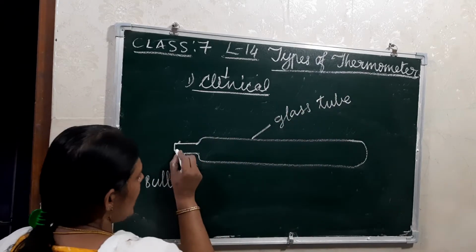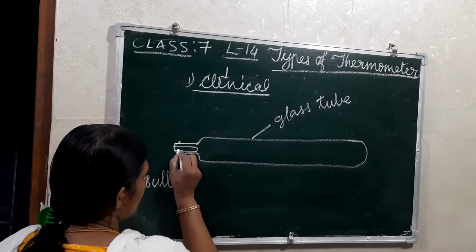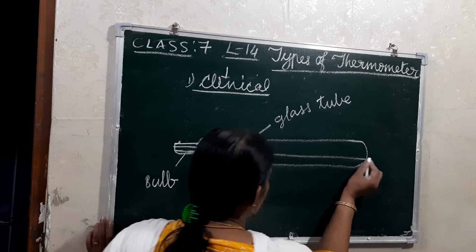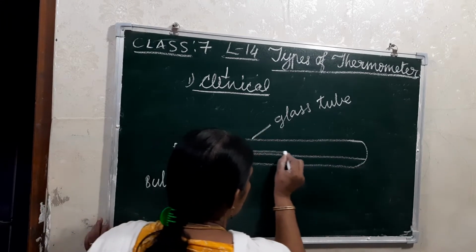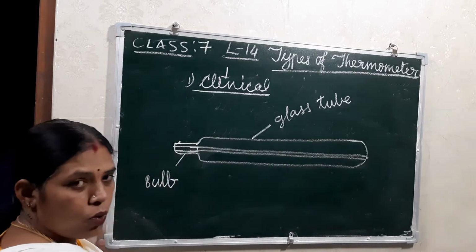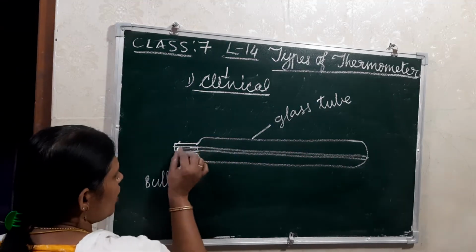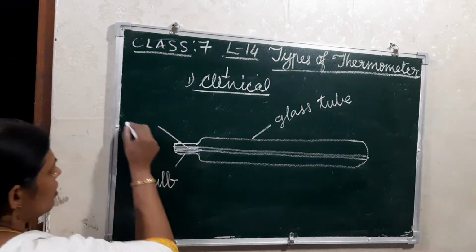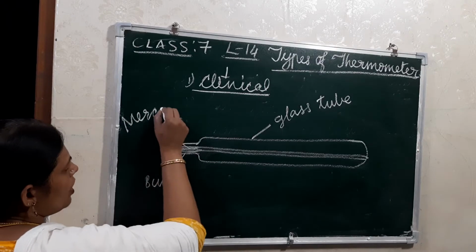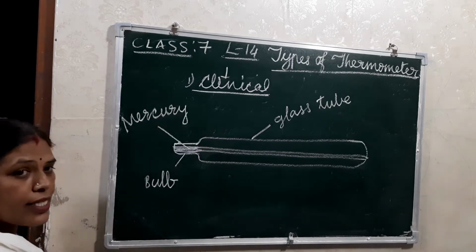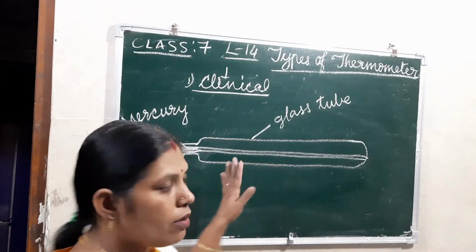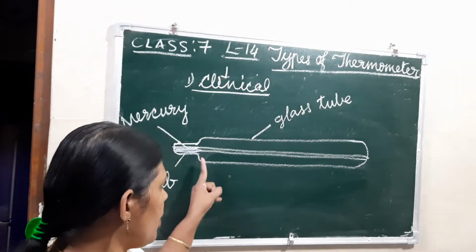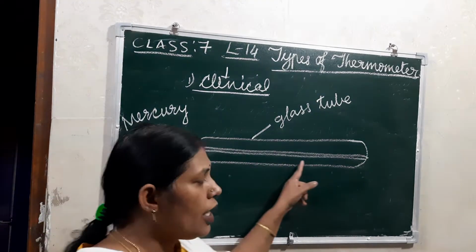Inside, if you see, you can see one small thin thread, like a glass tube, going through. Here mercury is kept inside, because when the heat rises, mercury expands. Otherwise it stays here. When you keep it on the body, if the temperature rises, it automatically rises.